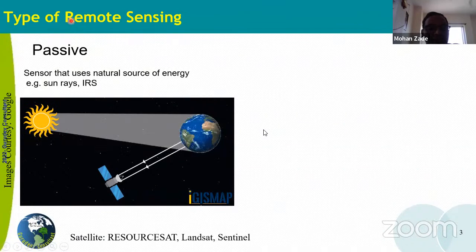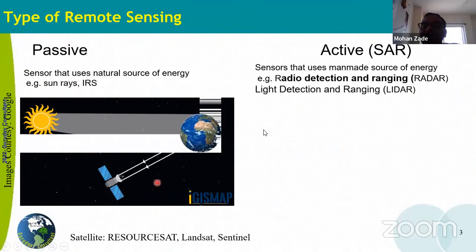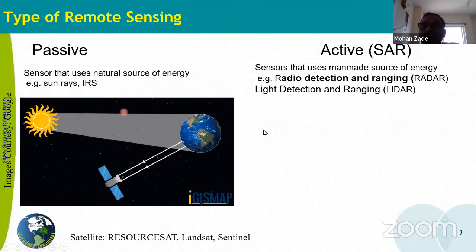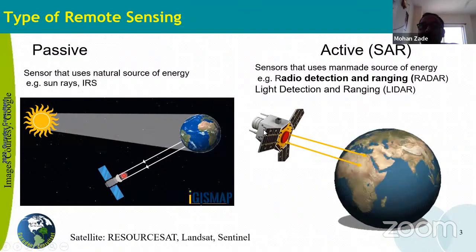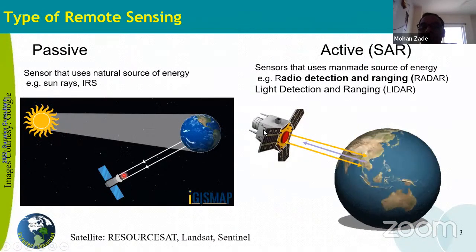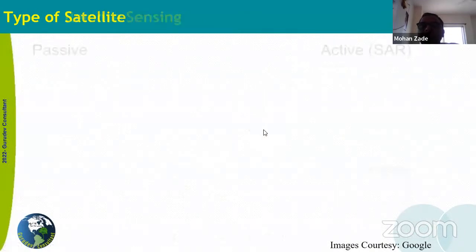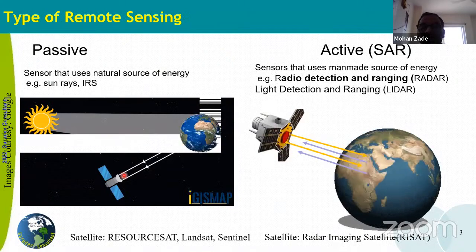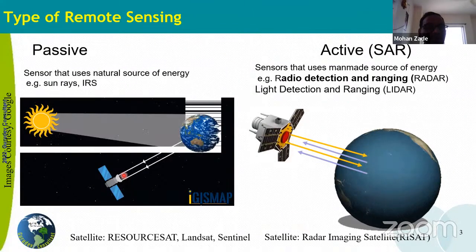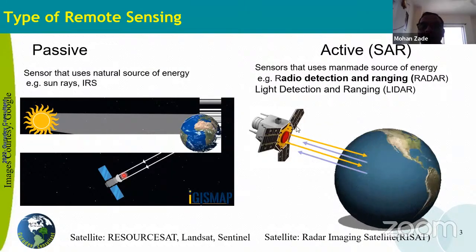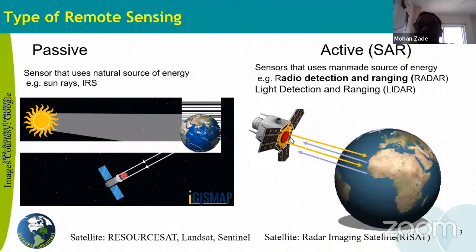Examples are ResourceSat, Landsat, and Sentinel. In active systems, or synthetic aperture radar, they have their own source of energy.